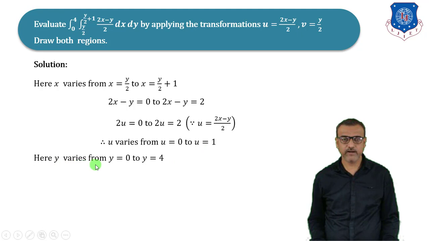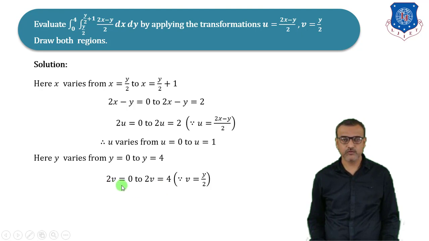Here y varies from 0 to 4. v equals y by 2, therefore y equals 2v. Replacing y by 2v, we have 2v equals 0 and 2v equals 4.